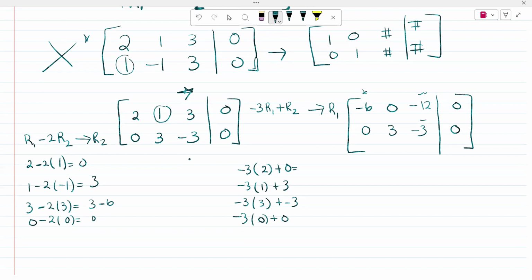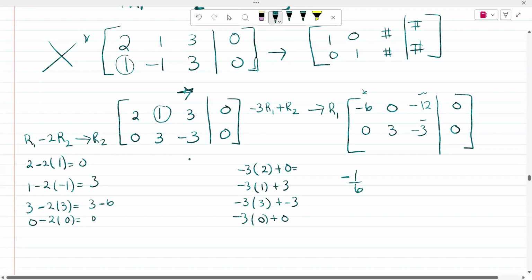To make this negative 6 into a positive 1, you're going to multiply by the scalar negative 1/6, and you're going to multiply that by the entire row 1. The same thing with the 3: to make this 3 right here, not that negative 3, into a positive 1, you multiply by the scalar 1/3 and multiply by the entire row 2.